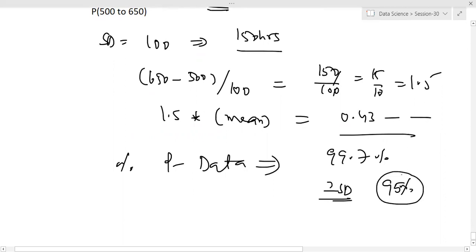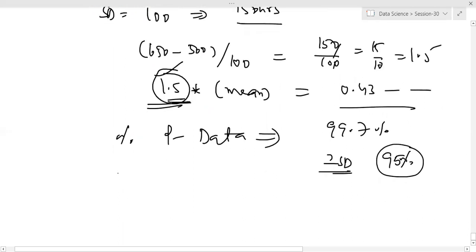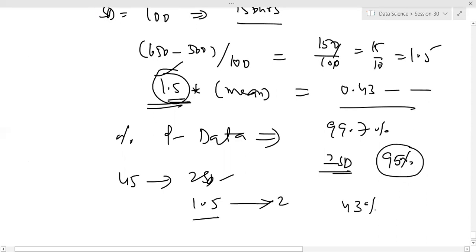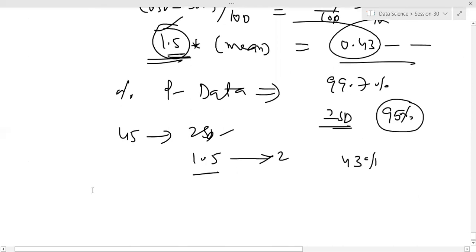Since we have 1.5 standard deviation, we are nearing two standard deviations, so a slight difference, maybe 45. Because we are moving slightly from 1.5 to 2, we have taken this 43%, if you see.